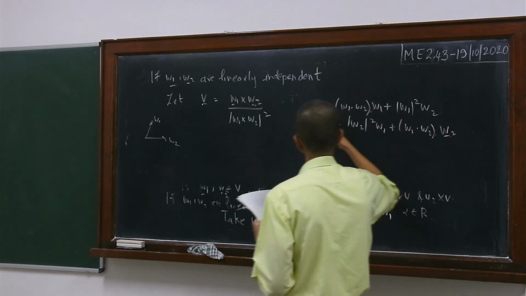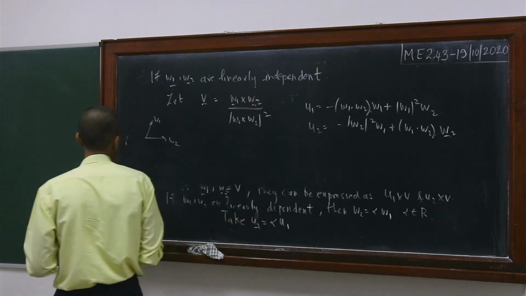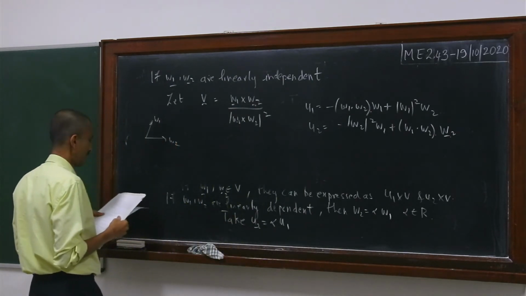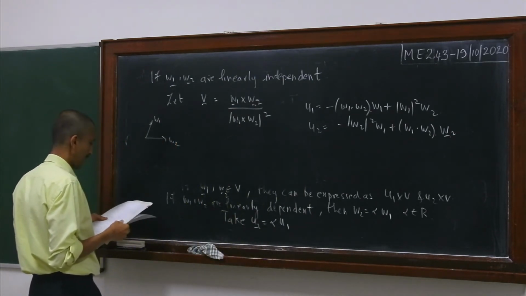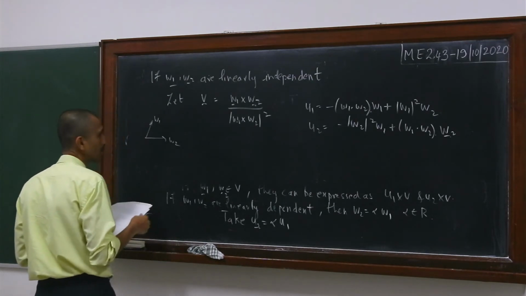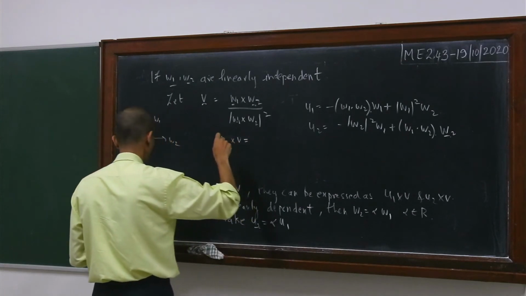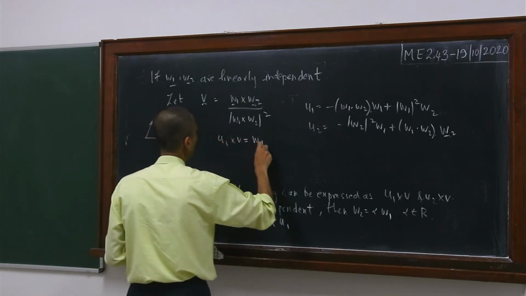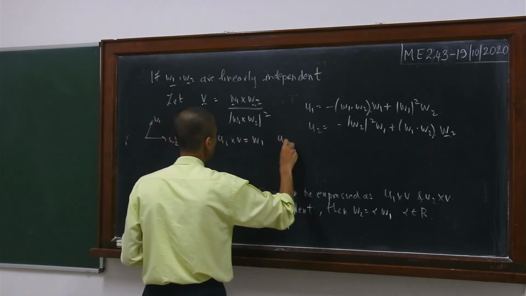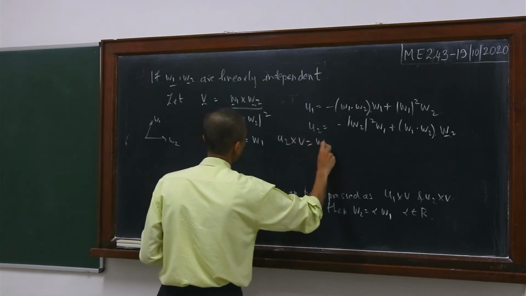By making this choice, you will get that U1 cross V is equal to W1, and U2 cross V is equal to W2.